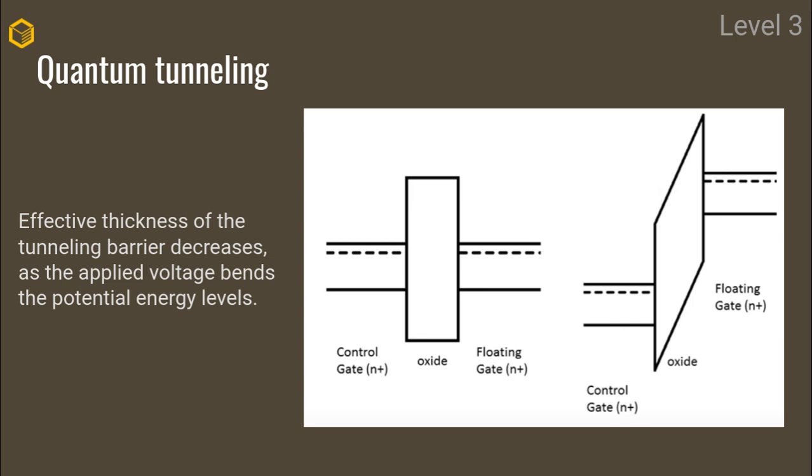So this is a representation. This is not really what happens, but here I can see that I have a high potential energy between my floating gate and my control gate. I would get this very high potential energy by applying a big voltage differential between both of them. And when I do this, you might remember that I said that the particle wave decreased with the thickness of the barrier it had to go through.